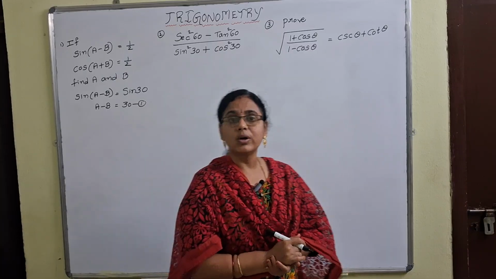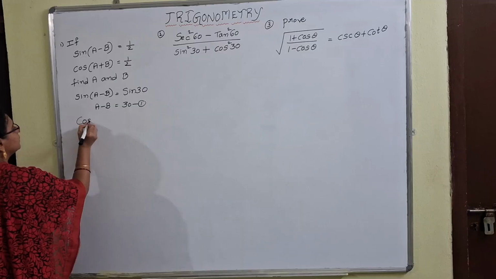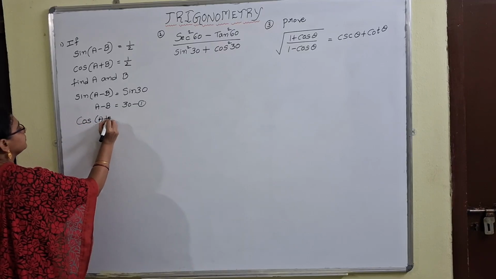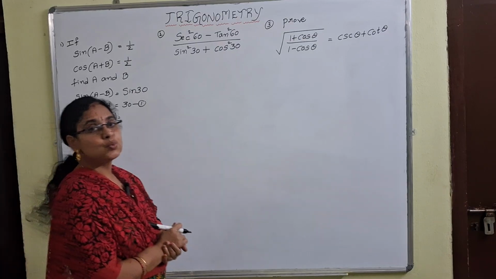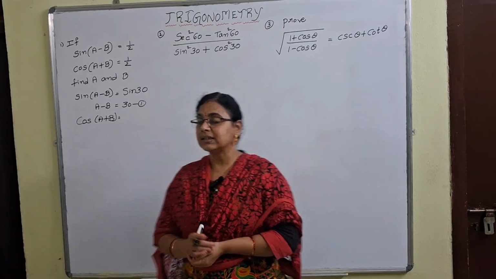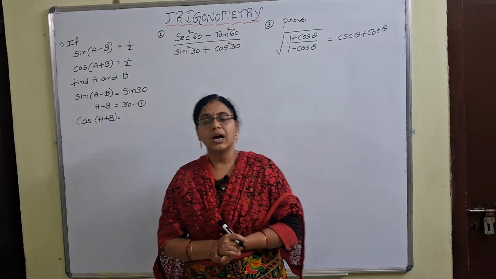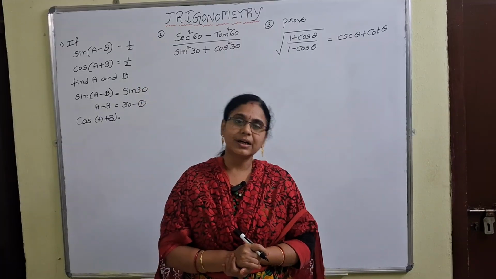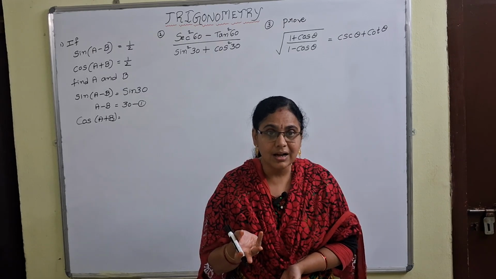Go to the next one. What is given? cos(A + B) is equal to half. On the left hand side he gave cos, so on the right hand side also we require cos. Half in terms of cos: cos 0, cos 30, cos 45, cos 60, cos 90. When do you get half?